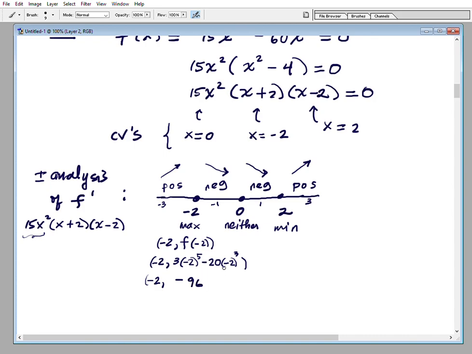And here we have two negatives, it's going to be positive. So it's going to be positive 40. I'm sorry, this is 8. Positive 160. Okay, so I get minus 264.